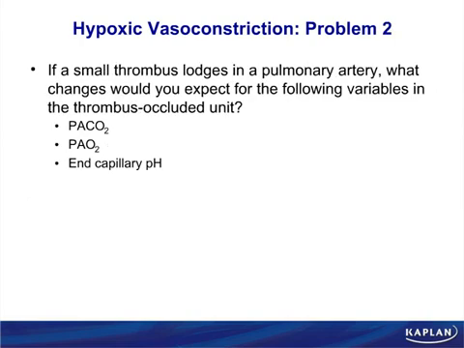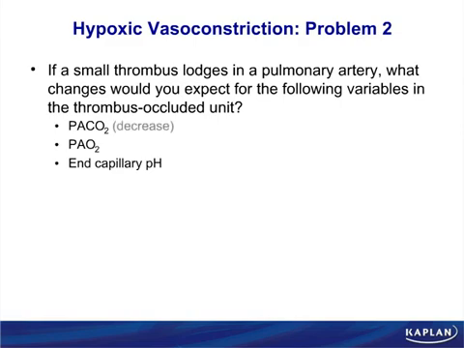Okay, here's the last one, working with the extremes of VQ mismatch or VQ problems. Let's say that we have a small thrombus lodged in a pulmonary artery. All right, if I have a thrombus lodging in a pulmonary artery, that's going to stop blood flow, but I'll still have ventilation, so that's going to create, hopefully you said, alveolar dead space. Exactly. This is going to create alveolar dead space, and because I have alveolar dead space, that means ventilation, no perfusion.